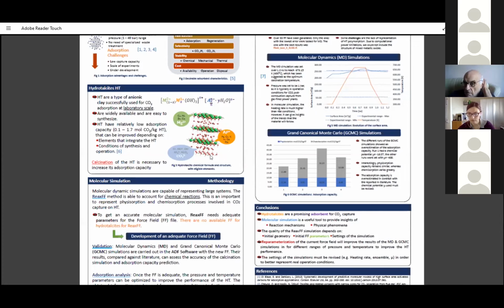When the water molecules get into contact, it actually reconstructs the layers, which is good. Some studies have shown that if there's about 10% water in the flue gases, the adsorption capacity increases a little bit. I found it quite interesting.